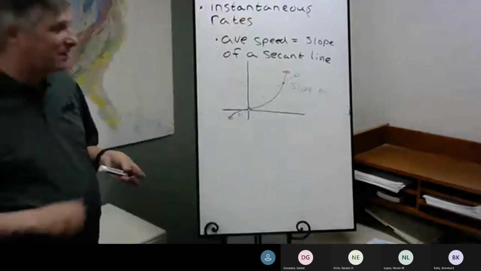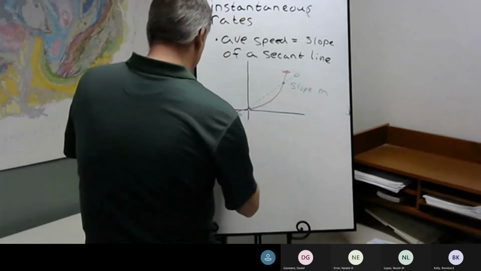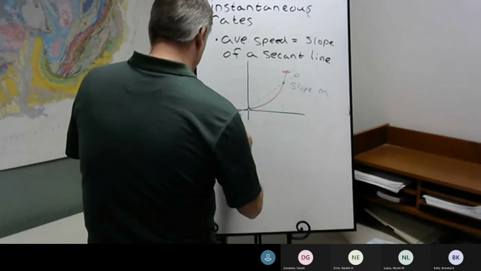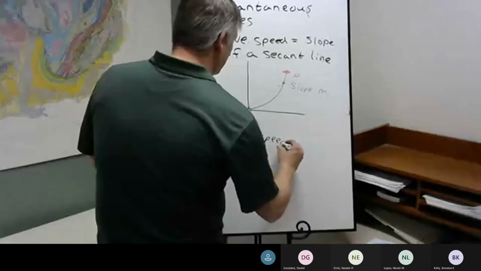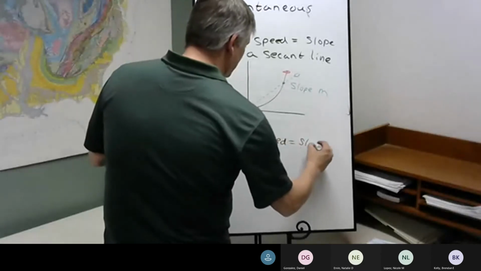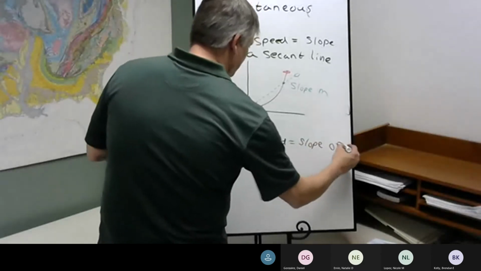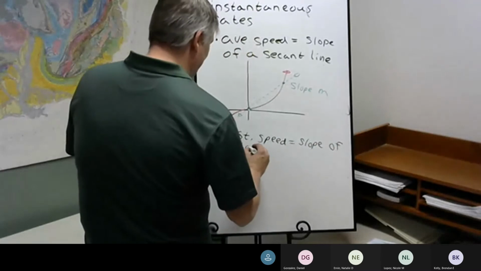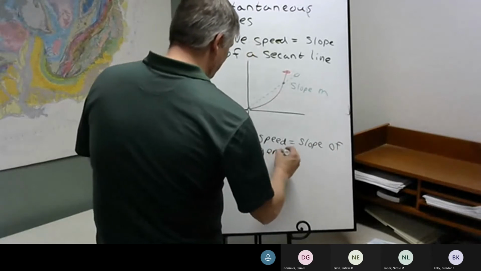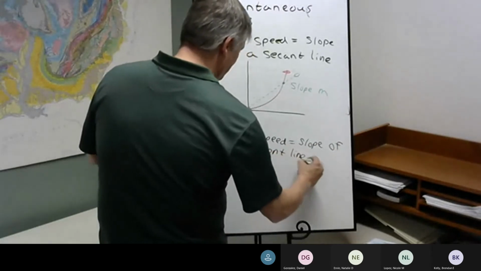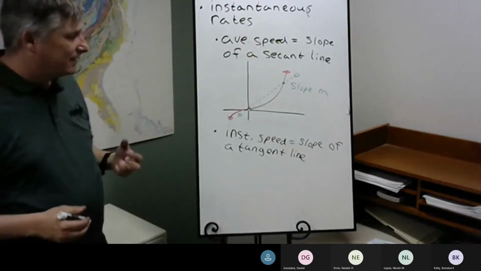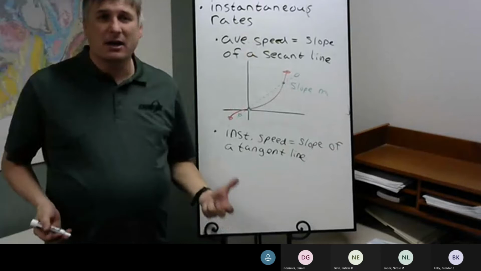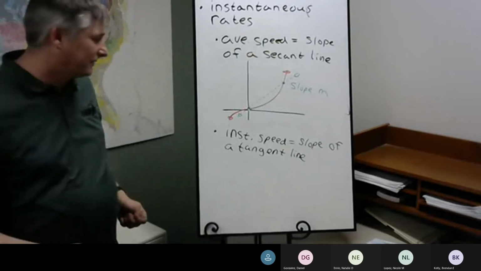Now we're going to talk about instantaneous. The instantaneous speed is the slope of a tangent line. And the difference is going to be this. A tangent line contacts that curve at only one point.